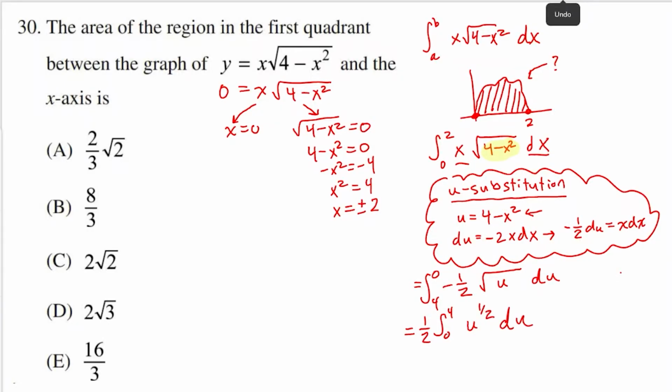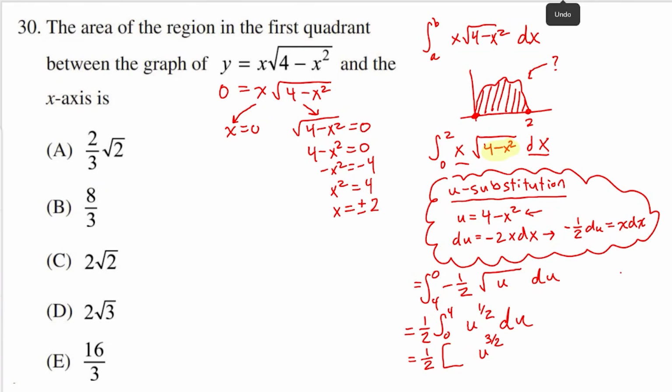Next, to integrate this, we need to find the antiderivative of u to the 1/2 power, and we can just use the anti-power rule to find that. So here I've got 1/2 times the antiderivative of u to the 1/2, which would be u to the 3/2: add 1 to the exponent, and then divide by that new exponent.